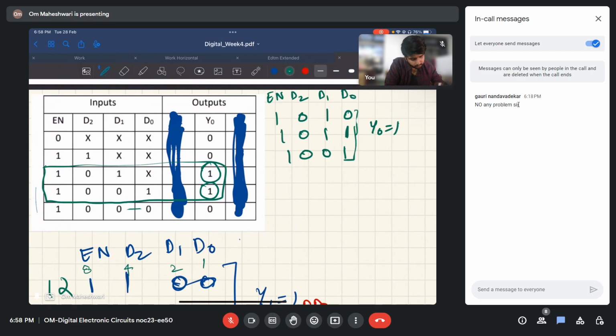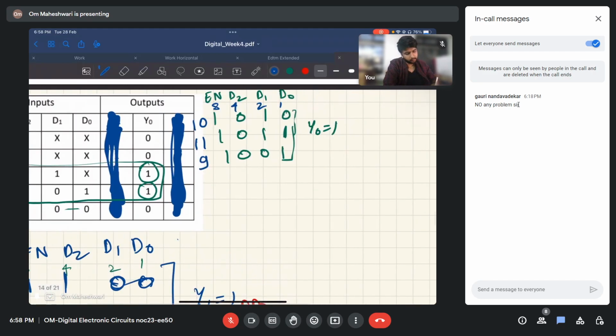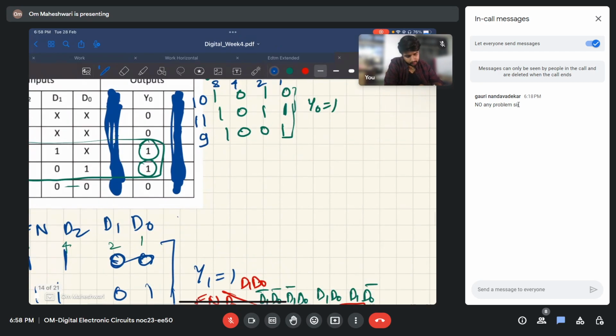This is what? 8 4 2 1. So this is 10, 11 and 9. So for 9, 10 and 11, I'll draw a K map.